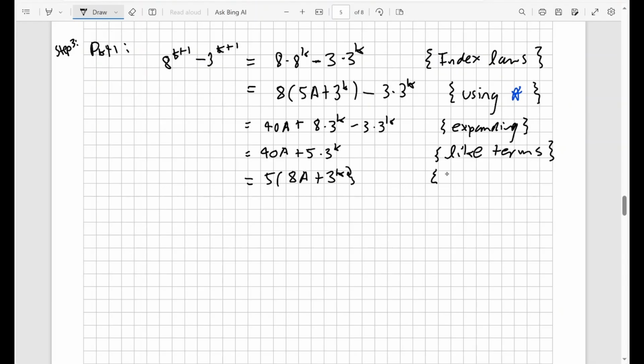This can be common factor of 5. This is in Z as a is in Z and k is in Z plus.